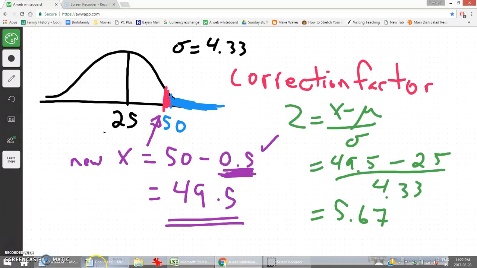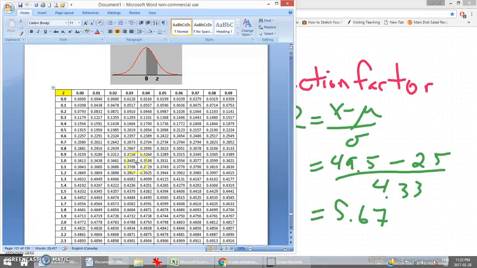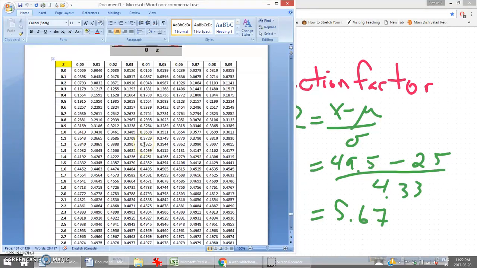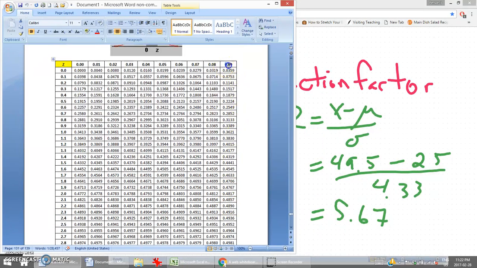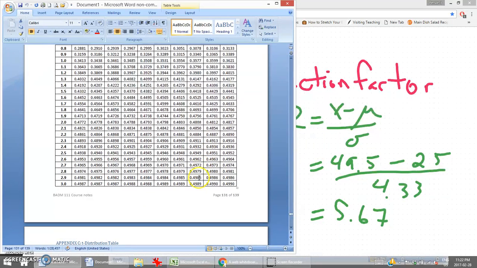So when you go to your chart to find the area that corresponds to that z value of 5.67, you know that our values only go up to 3.09. General rule of thumb is if the z value is off the chart, use an area of 0.5.